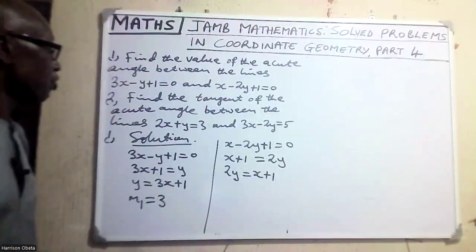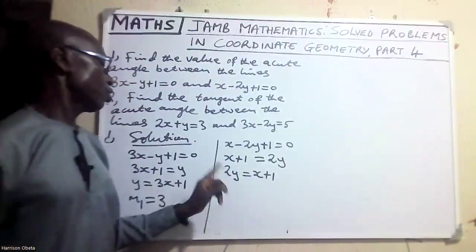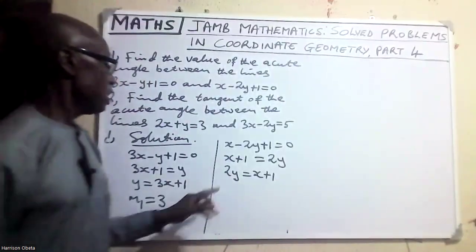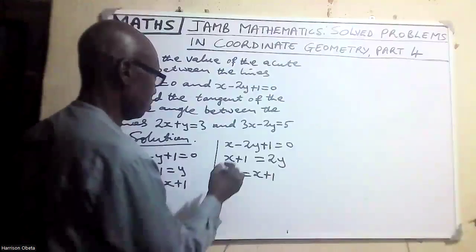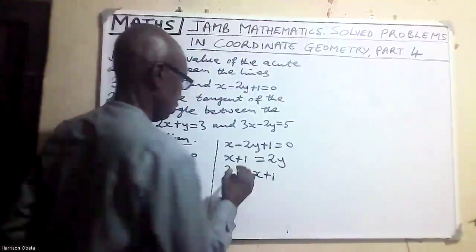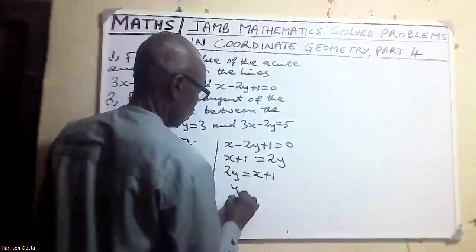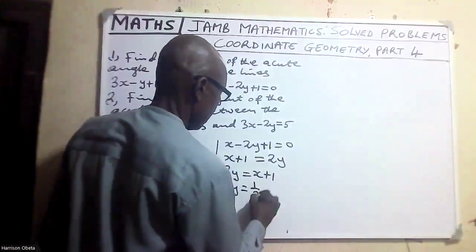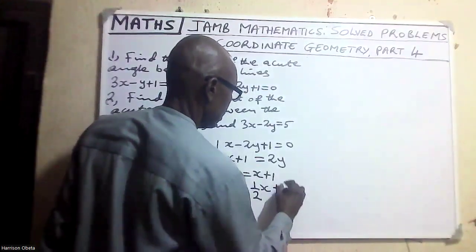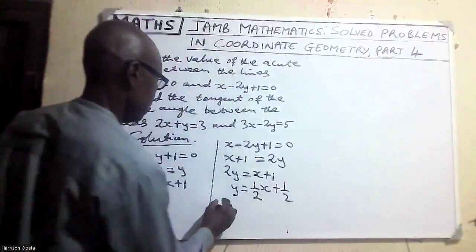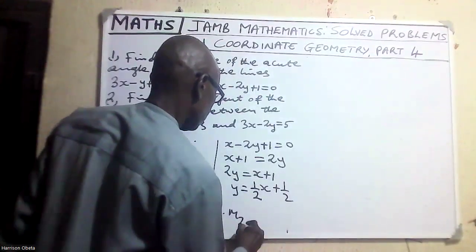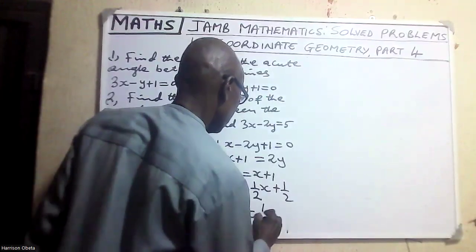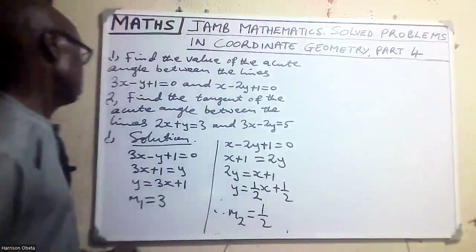Moving on, we divide through by 2 so that we make y the subject of the formula to get m2. So we have y is equal to half x plus half. Therefore, m2 is equal to 1 over 2.